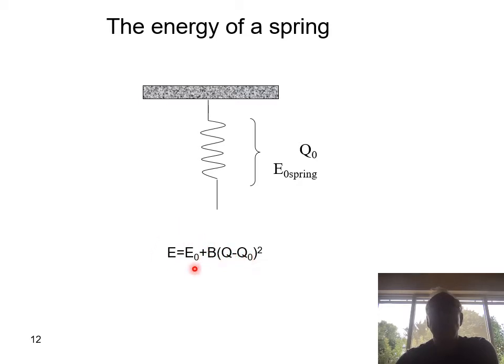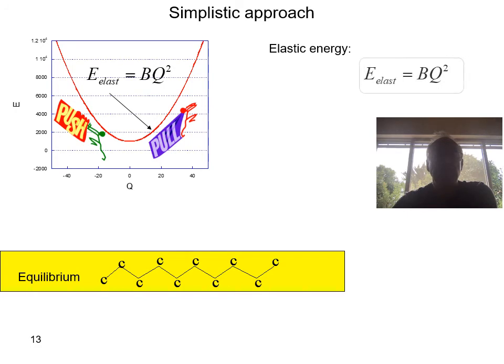And of course, there is always some kind of a background energy that would be associated with the place where we've hung this spring. So if you hang it on the first floor or the 10th floor, you could say that there is some different energy between the two, especially if you try to drop this spring on someone's head, of course. So let's look at this spring, and we'll slowly develop this picture and see where it takes us.